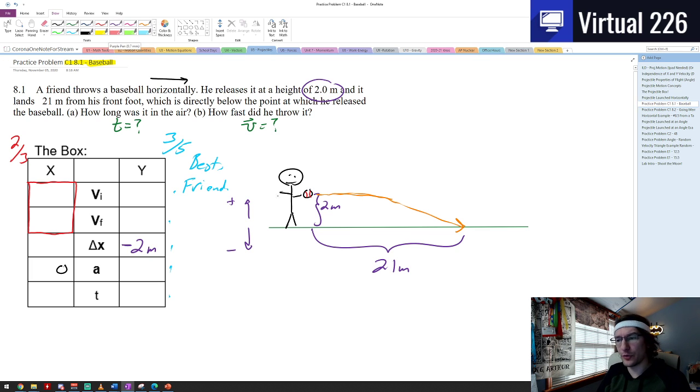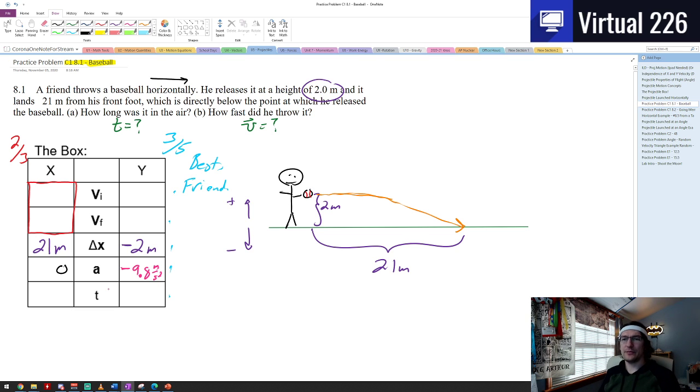Now, we also throw this ball and it lands 21 meters to the right. So our delta x is 21 meters. Well, what else do we have? We know that something's causing the ball to fall. That's gravity. Gravity has a value of 9.8 meters per second squared, and since it's acting down, we can call that negative.